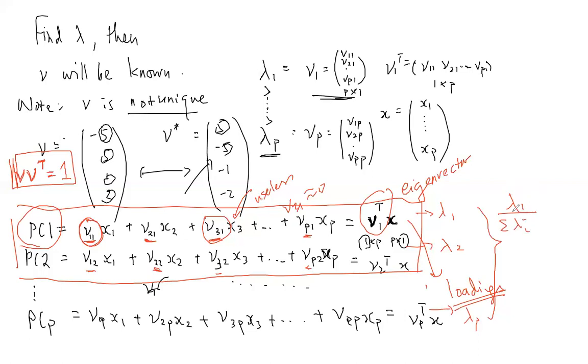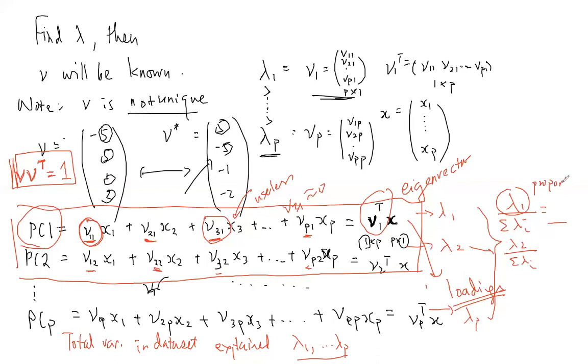So lambda 1 over the sum of lambdas gives me the relative contribution of PC1 in explaining the total variation. The total variation in your data set is explained by all your lambdas. When you divide by the sum, this gives a proportion interpretation.